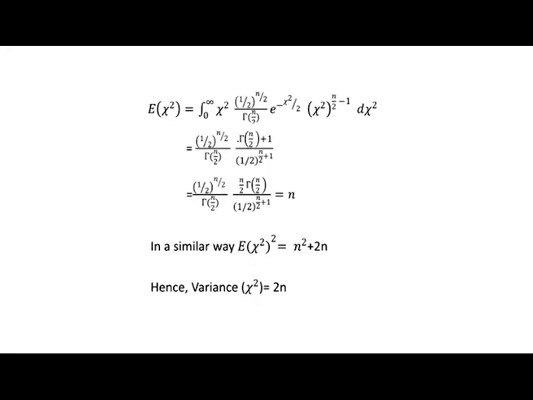Therefore, the mean of the chi-square distribution is n and variance is 2n.